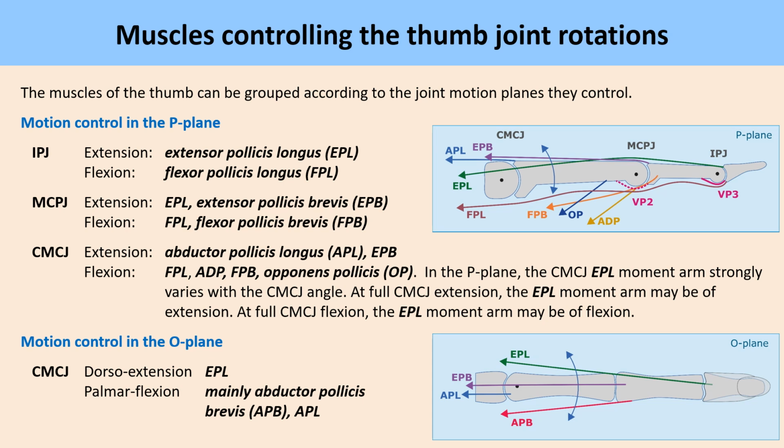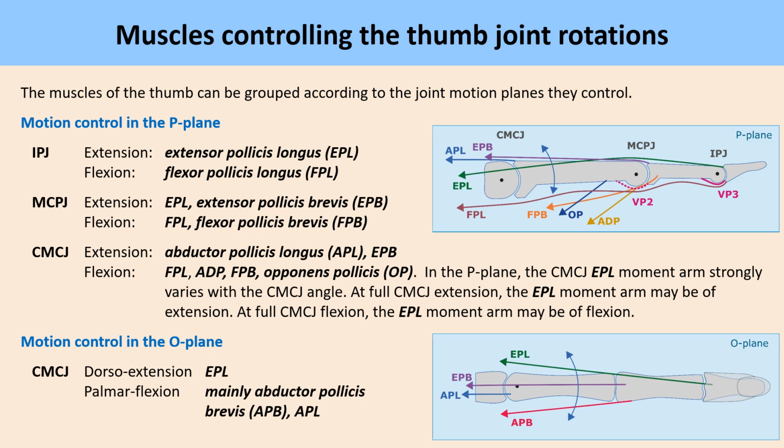CMC joint: extension by the abductor pollicis longus and extensor pollicis brevis, flexion by the flexor pollicis longus, adductor pollicis, flexor pollicis brevis, and opponens pollicis. In the P-plane, the CMC EPL moment arm strongly varies with the CMC joint angle. At full CMC joint extension, the EPL moment arm may be of extension. At full CMC joint flexion, the EPL moment arm may be of flexion.